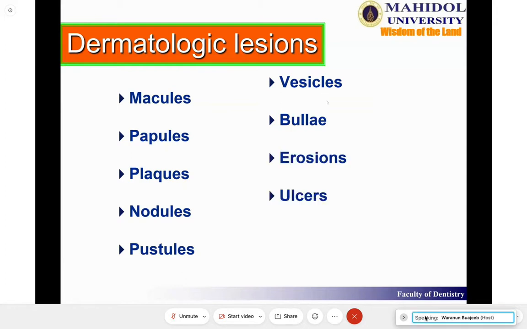So today we will focus on vesicle and bullae. And you know that in the oral cavity, normally vesicles and bullae break easily, very rapidly, to be ulcers or erosions.